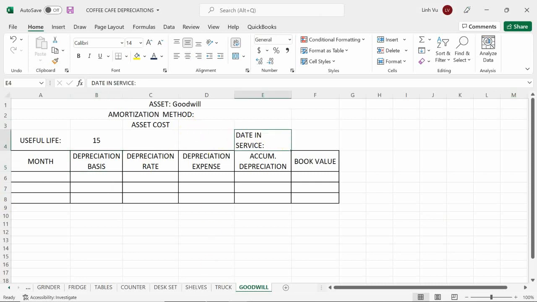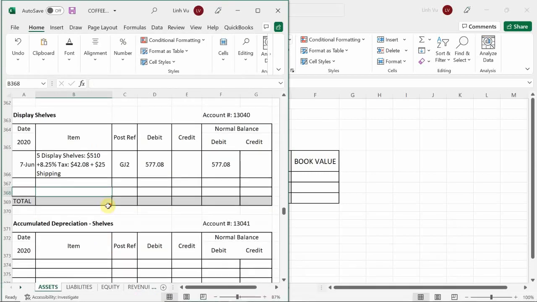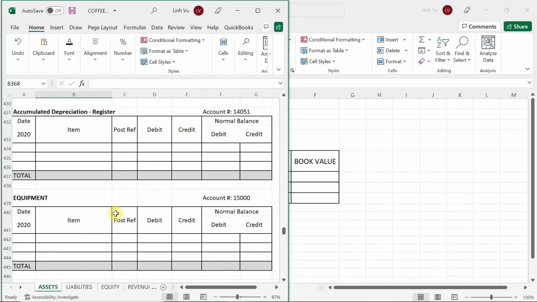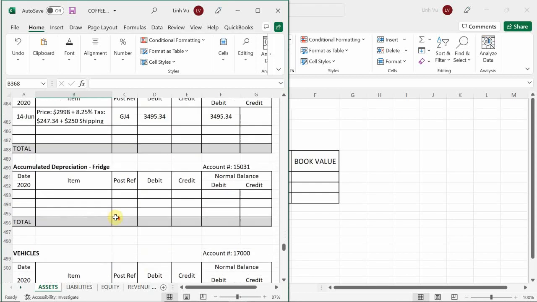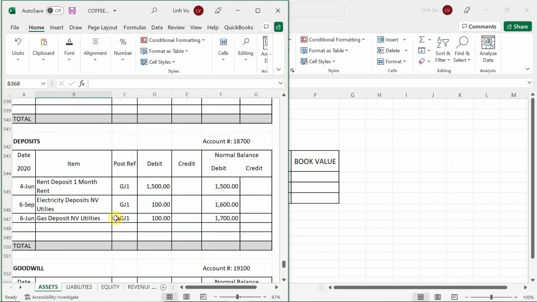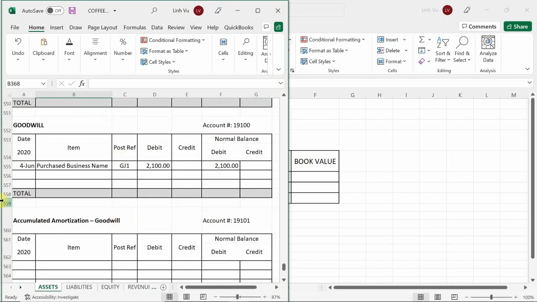So let's go ahead and determine how much it is and when we purchased it. So see goodwill, here you go. We purchased goodwill when we purchased the business. It doesn't tell us when, but if you remember, we purchased it when we bought the company on May 31st.